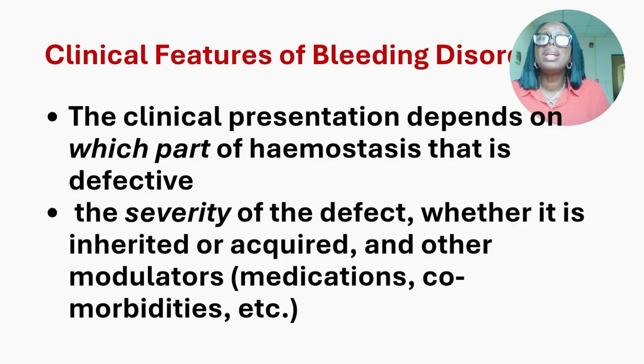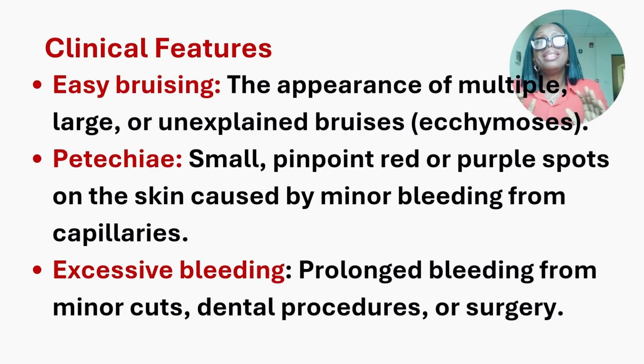So it depends on the part of hemostasis that is defective, and also the severity of the defect, whether it is inherited or acquired, whether it is in combination with other modulators like medications, and whether there is a comorbidity. Now, what are the easy things that you can see to know that somebody is having a bleeding disorder?